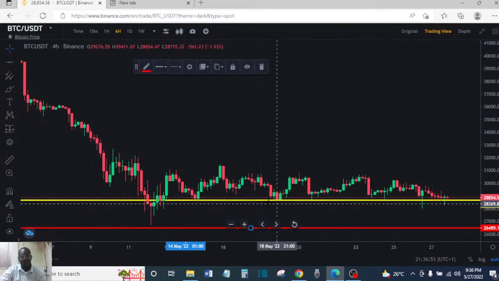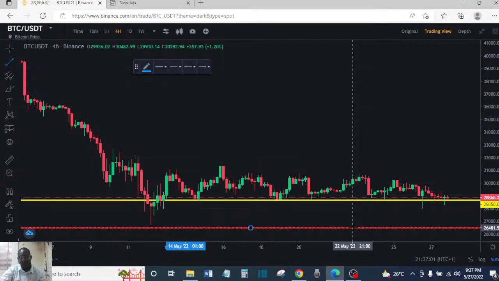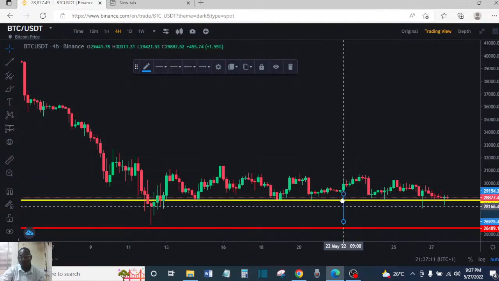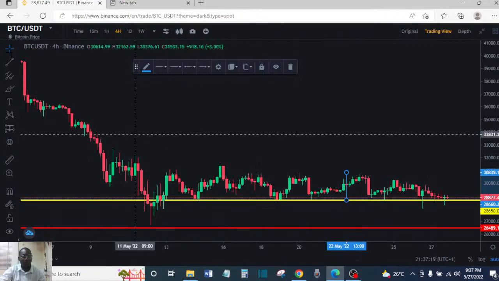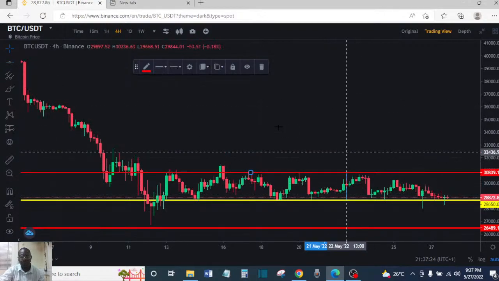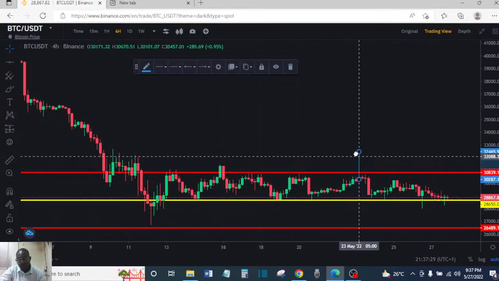So now what will be your take profit? Like I told you, your take profit is usually double of your stop loss. Place a horizontal line.